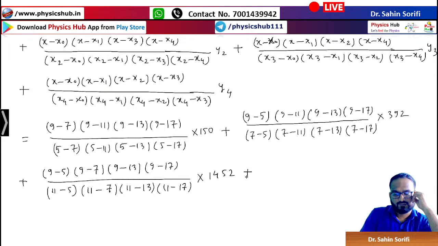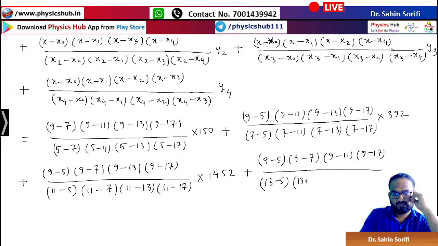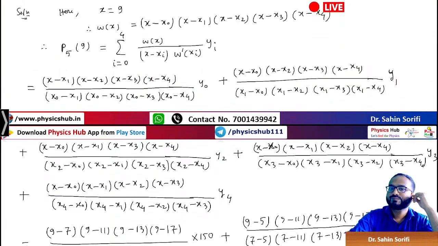Okay, plus 9 minus 5, 9 minus 7, 9 minus 11, 9 minus 13 will be missing now, divided by 13 we are taking, 13 minus 5, 13 minus 7, 13 minus 11, 13 minus 13 is missing, 13 minus 17, this value is 2366.